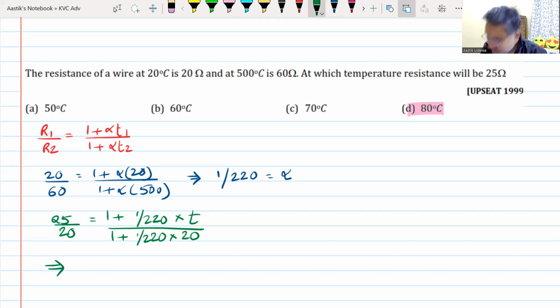From here, you should be able to calculate this. If you can't calculate this, I don't know what you can do. 80 degrees Celsius is what you will end up with. That is the answer, my dear friend.